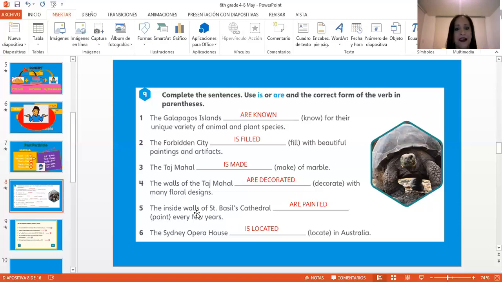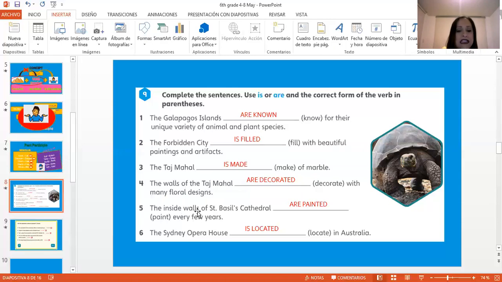For example, here, the first part of the sentence is the walls of the Taj Mahal. The walls indicates plural, auxiliary in plural. Verb decorate, verb in the past participle, are decorated with many floral designs. The inside walls, the first part of the sentence, give me the plural or singular.